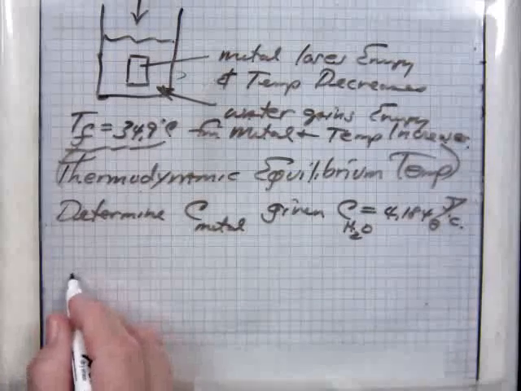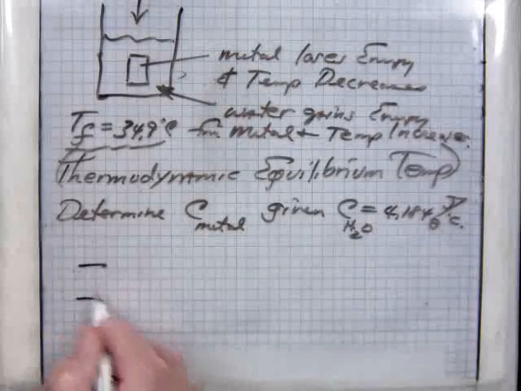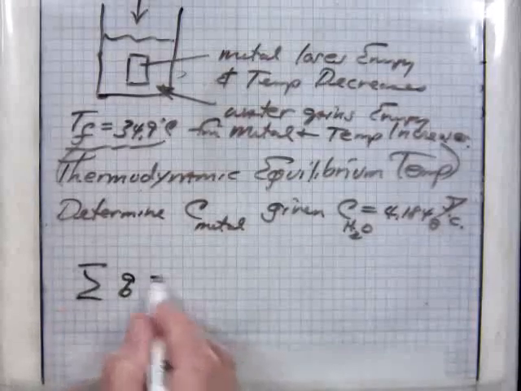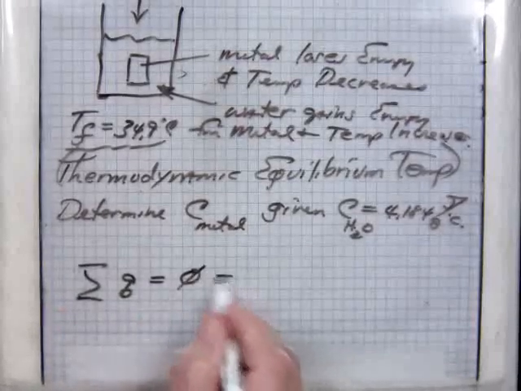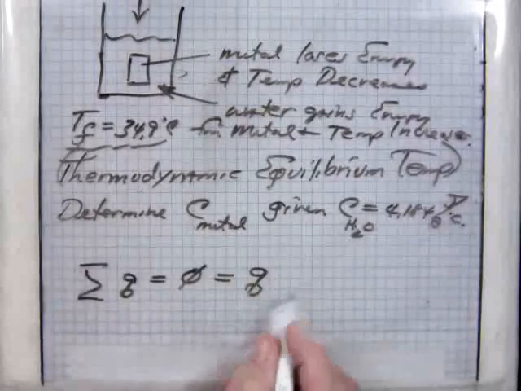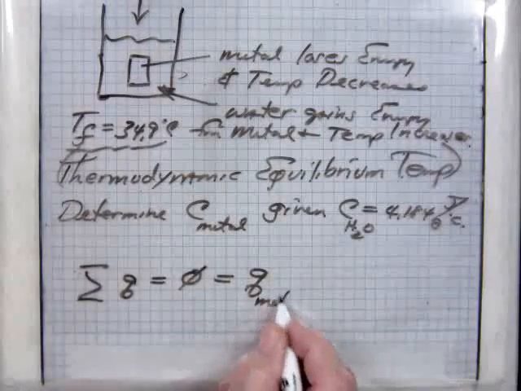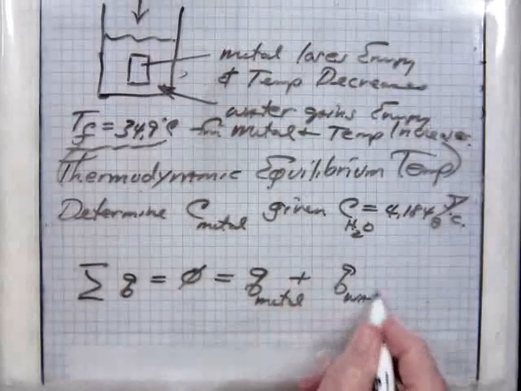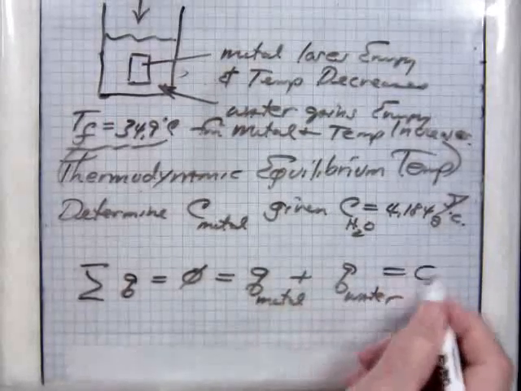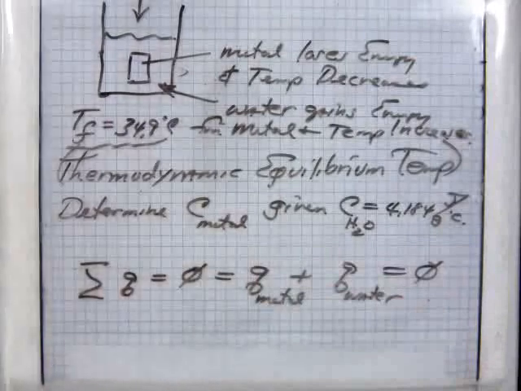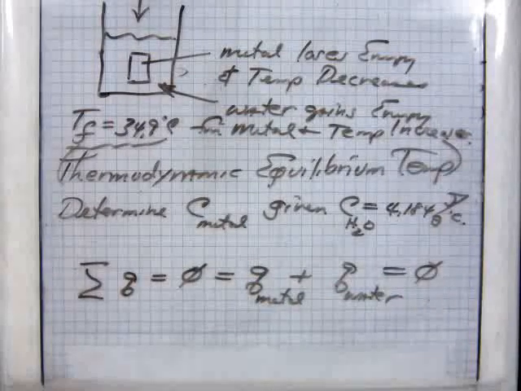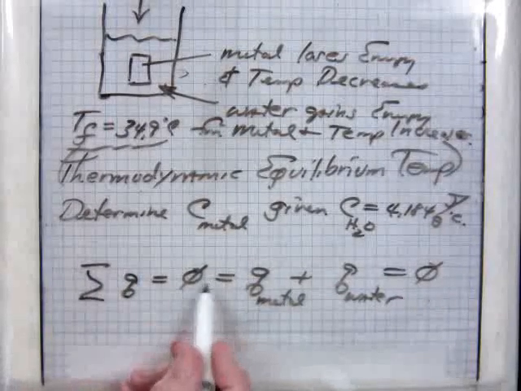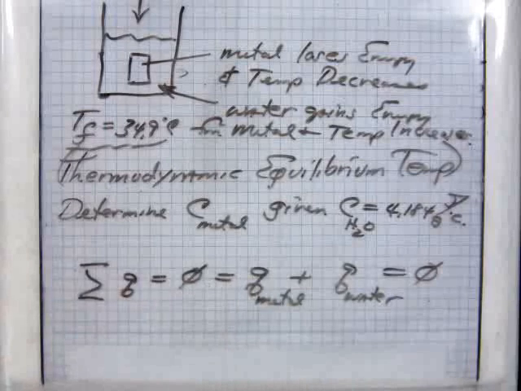Okay, so the sum of all your energy changes must equal 0. Well, what are your energy changes? Let's say Q of the metal plus the Q of the water has to equal 0, regardless of whether it was a gain or loss of energy. That's why I like this approach, because you just add up the energy changes and let the math take you to where you need to be.